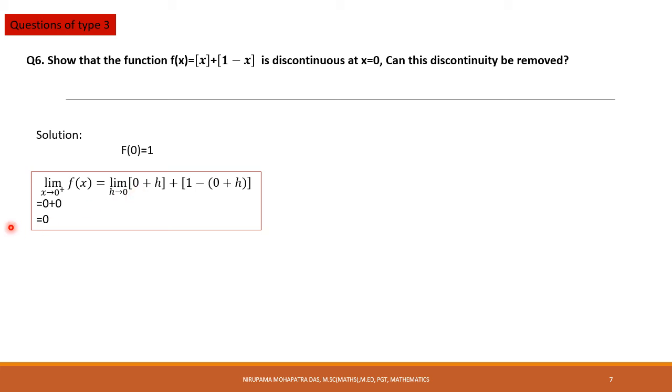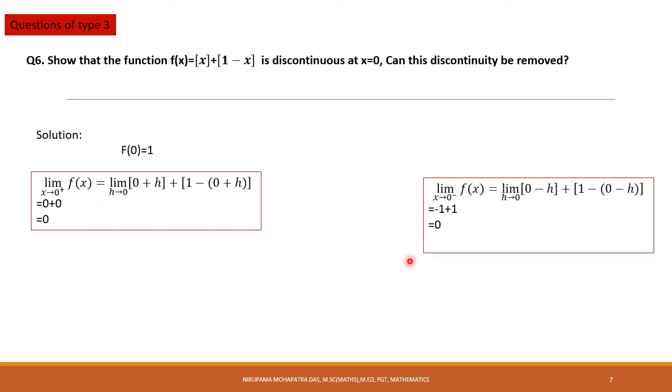So this value is 0. In this case 1 minus h. 1 minus h is smaller than 1. So the greatest integer function, smaller than 1, the previous integer, what will it be? 0. You are getting 0 here.